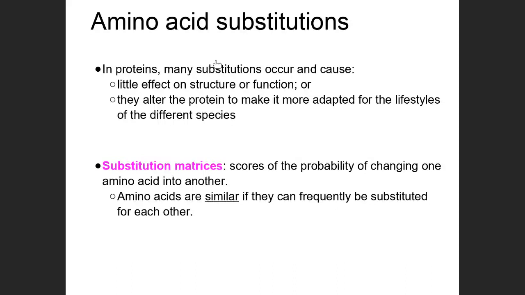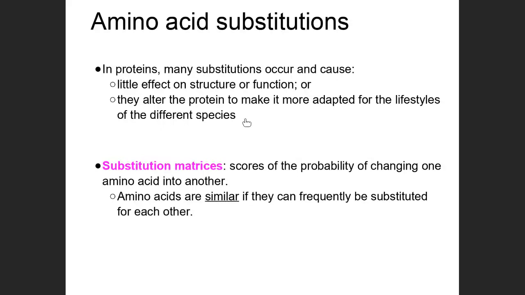So in the amino acid substitutions, they can have no effect or little effect, or they can completely make something not work or work differently. You could think about that as like sickle cell anemia. It's a one amino acid change, and it changes the shape of the red blood cells, and it changes how much oxygen it can hold, and it also can change how much malaria it can hold.